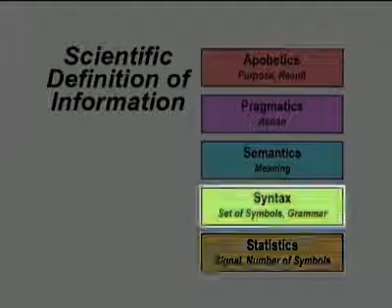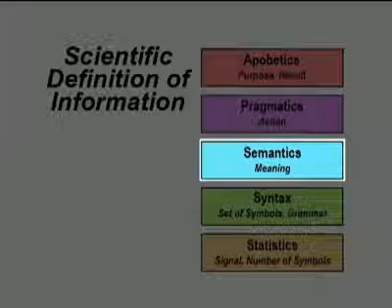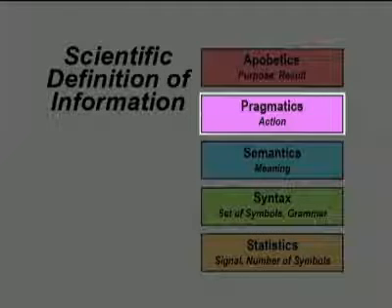And if we look at the book, we see there are many sentences and they are written in a special syntax. And that is a second level of information. But the most important thing is the semantics. What does it mean? We come to the fourth level of information, it is pragmatics. We have seen a few machines which are working under the condition of information, and that is the pragmatic level, the action.